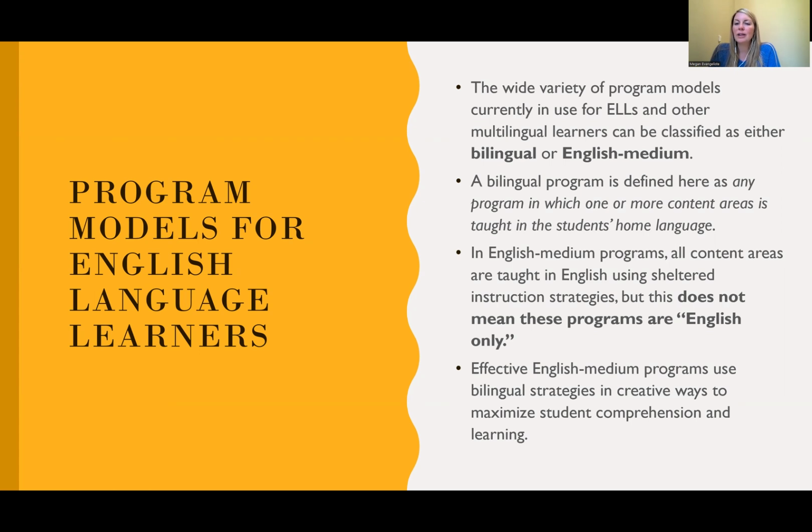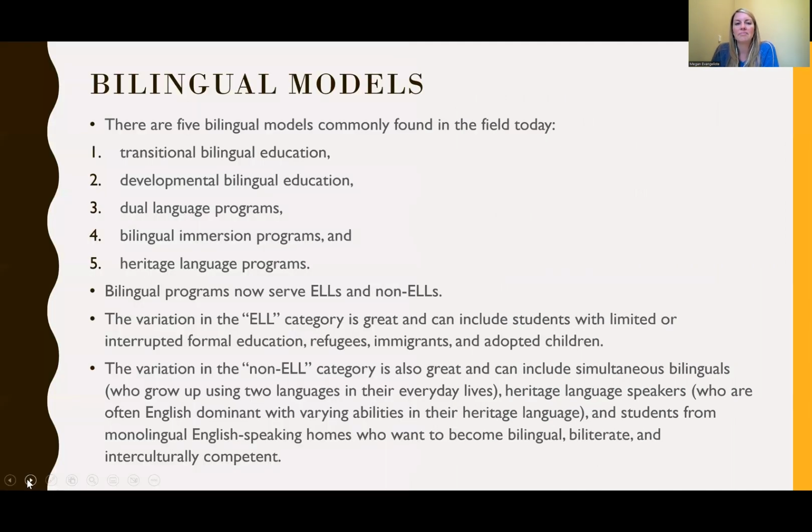In English medium programs, all content areas are taught in English using the sheltered instruction strategies, but this does not mean these programs are English only. Effective English medium programs use bilingual strategies and creative ways to maximize student comprehension and learning.